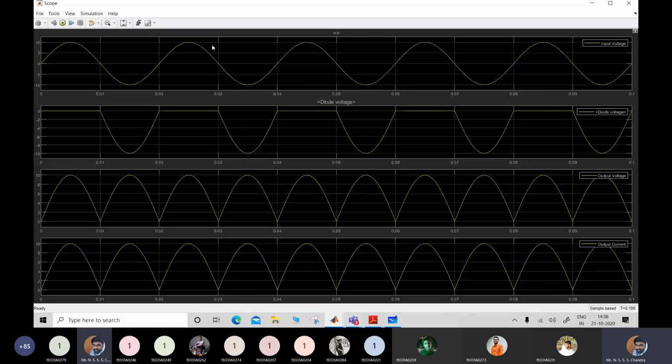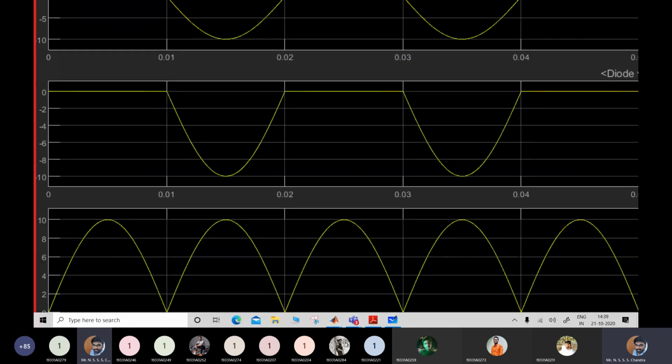What are you observing? The supply voltage is a sinusoidal signal with time period 0.02 seconds, that is 20 milliseconds. Okay, and the second signal is your diode voltage. What are you observing in the diode voltage?